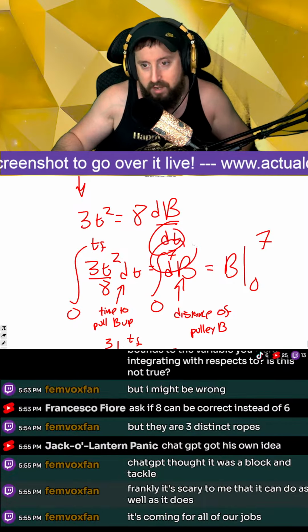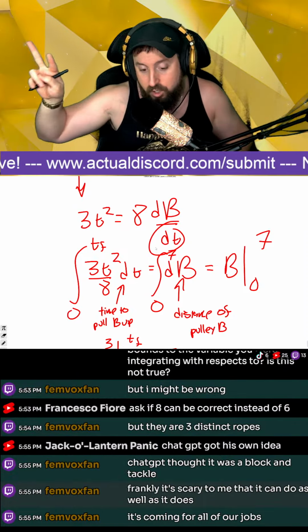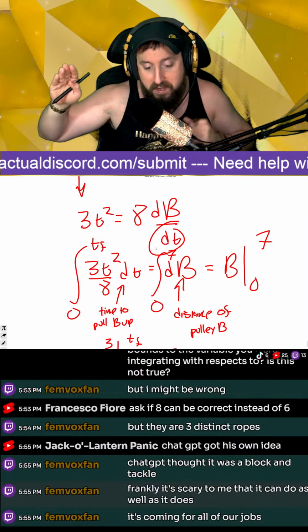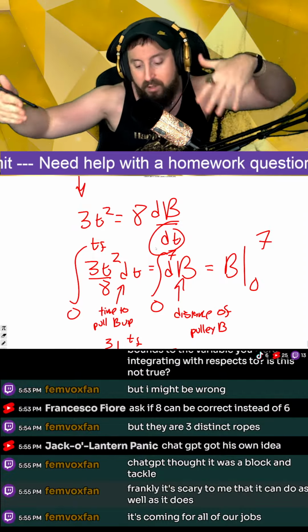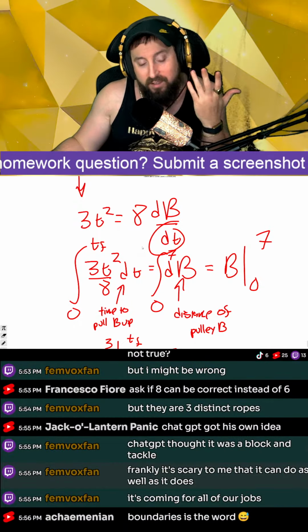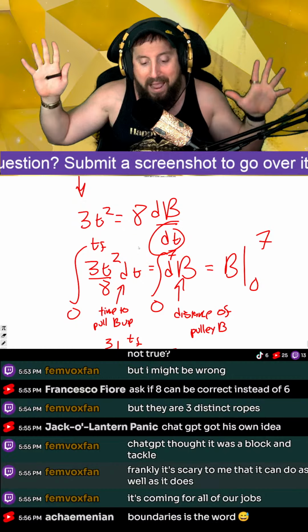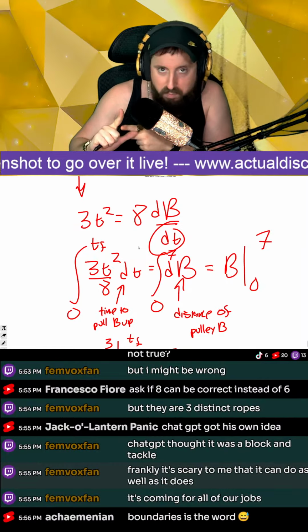T final represented 7 meters of distance. They're 2 different units, for sure, but they describe the same point in the question, like starting versus final. Yeah, boundaries is the word. Exact. Thank you, Akman. They're bounds, right? But you can be bounded in time, and you can be bounded in position.